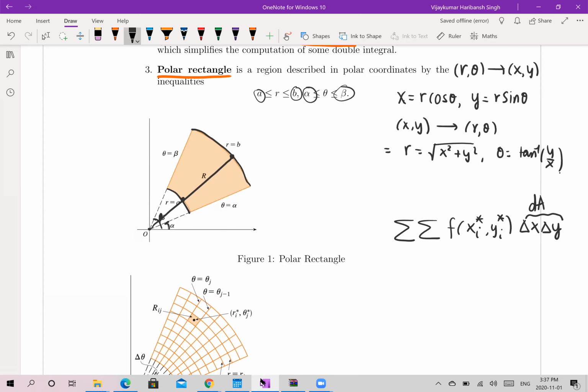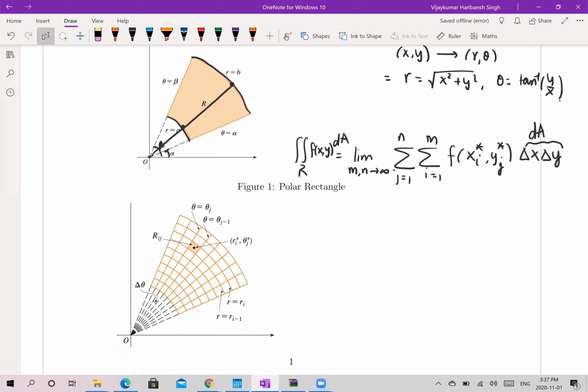These were double summations, with i going from 1 to m and j going from 1 to n, and then you take the limit as m and n both go to infinity. This is how you define the double integral of f of x y dA. We want to do a similar story here.